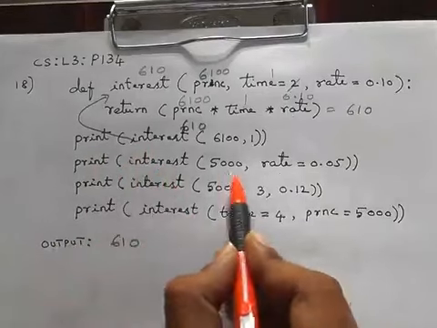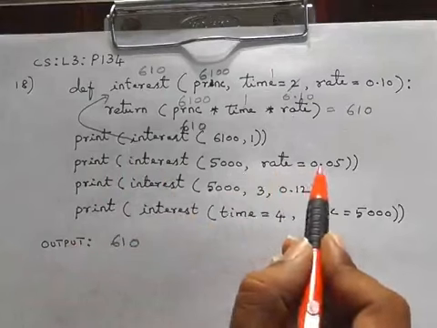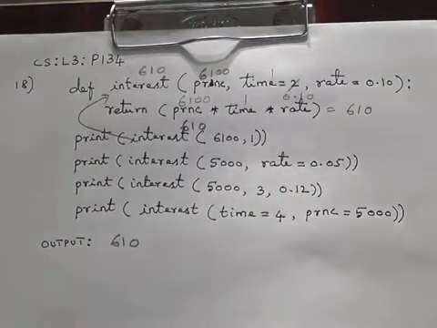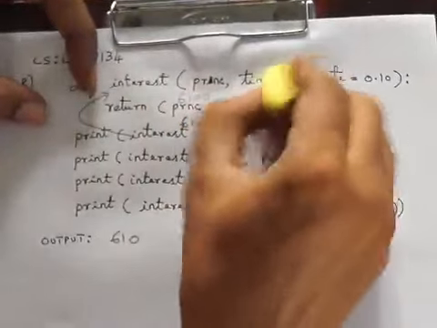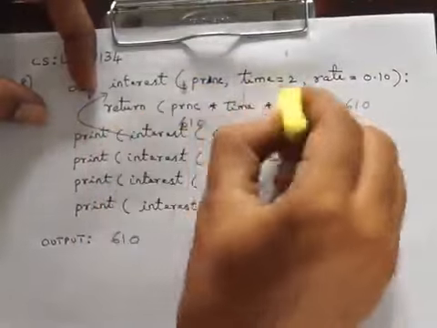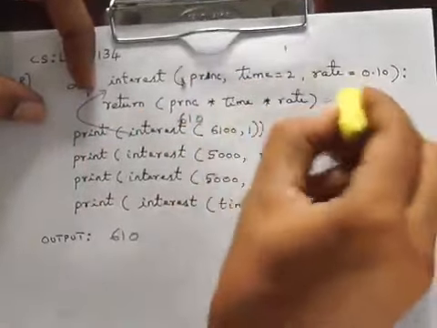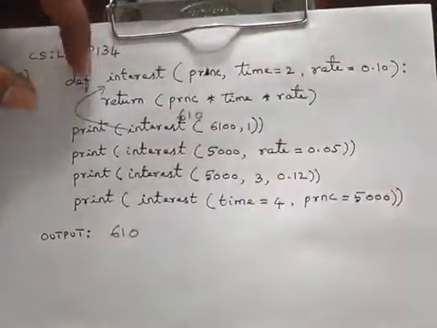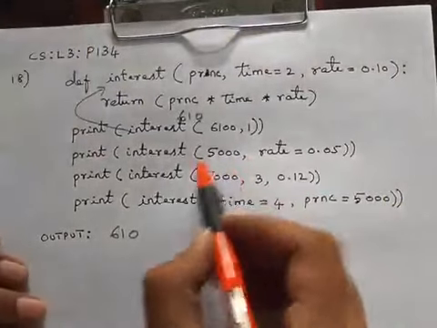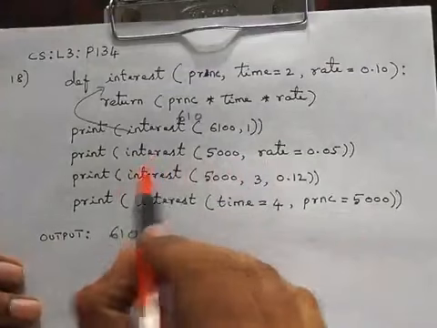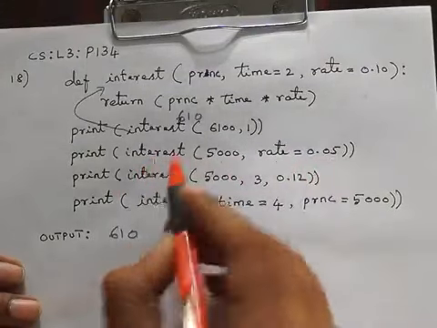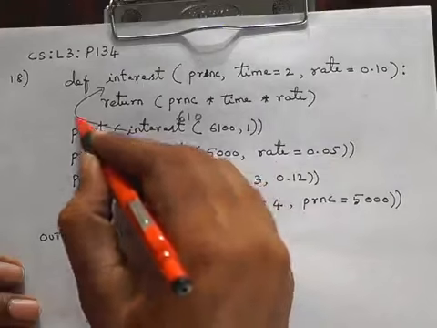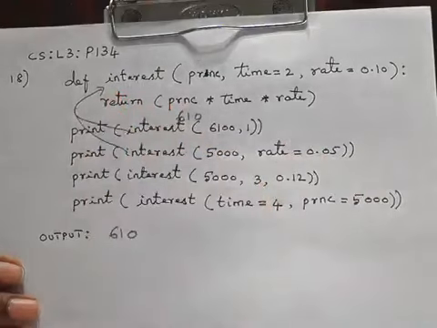Interest 5000 comma rate equal to 0.05. Now I am going to erase all these things. Okay, done. Now you see the interest function. This is a calling statement. Now this will call the interest function definition, right?